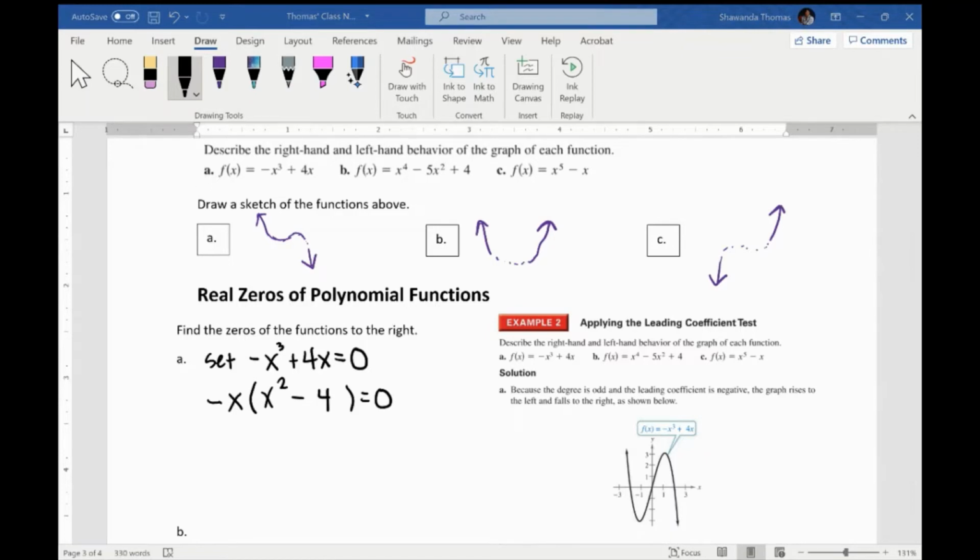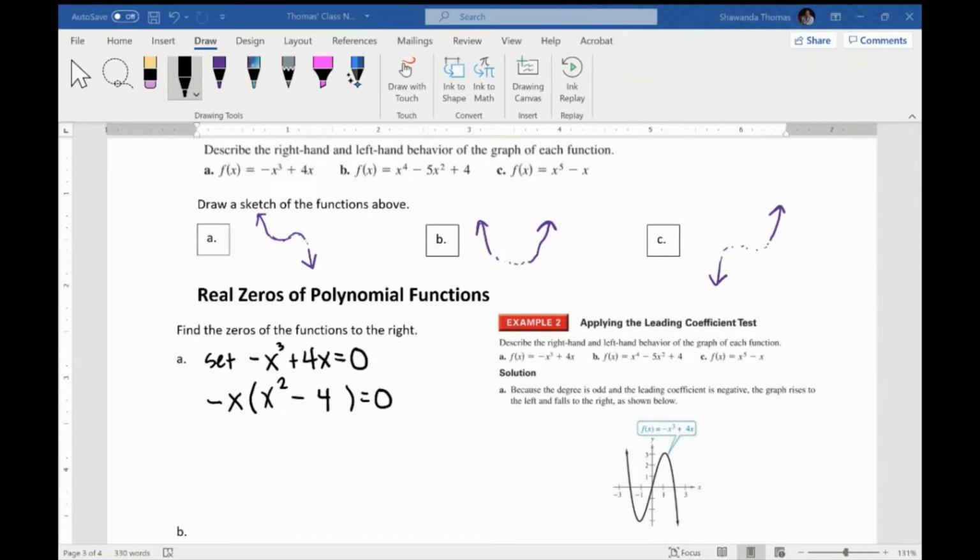Any questions so far? All right. What do you think is the next step? Then you've got to get rid of the 4, or divide just the x squared one and square root it, and then it would have been plus and minus.